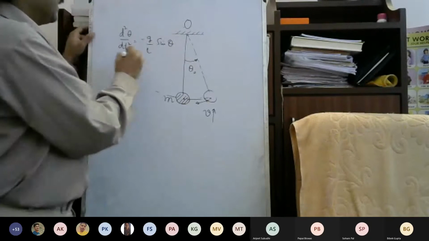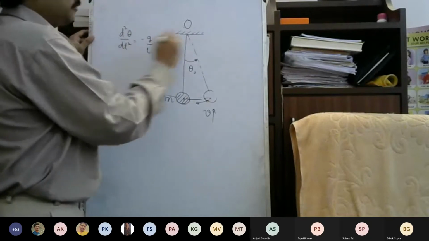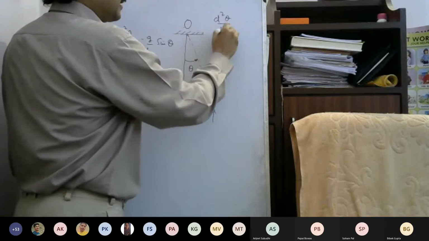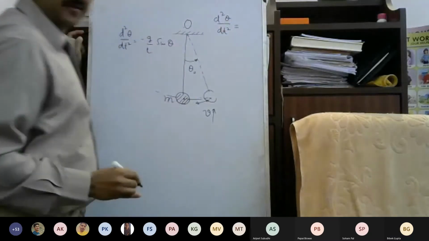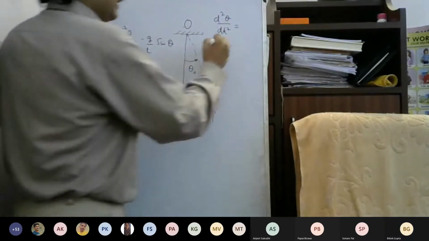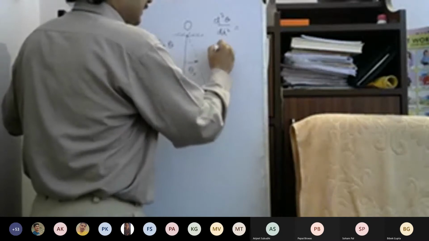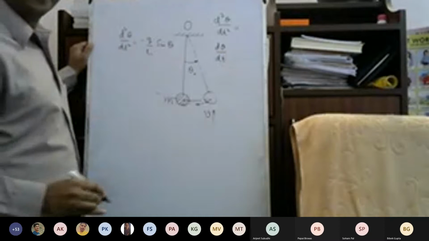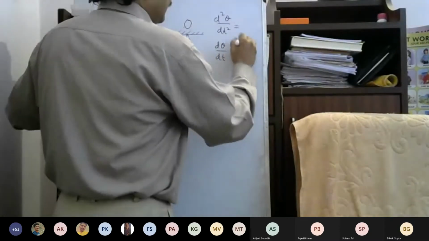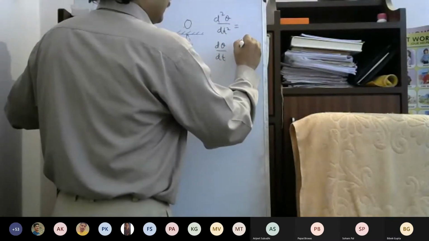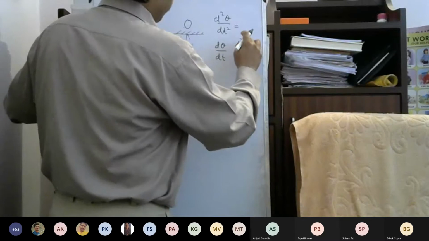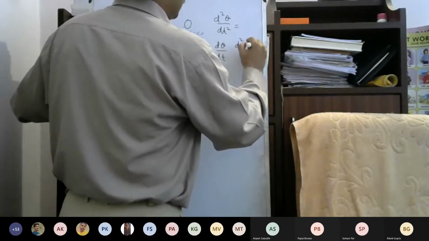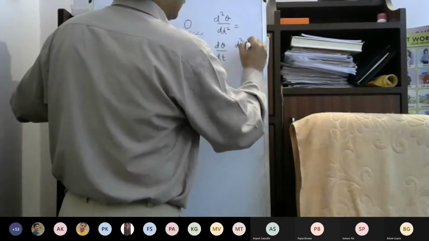So now I'll write down d2 theta dt square.